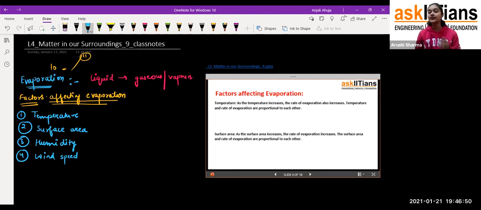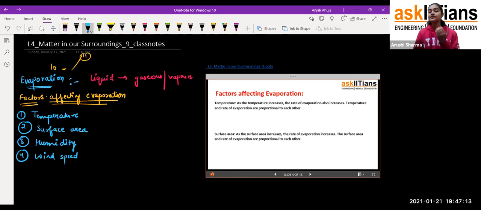So if I increase the temperature, we can see that evaporation is going to increase. For example, students, take two pans and put an equal amount of water in both of them, and heat them. Heat the first pan for 5 minutes and the second pan for 10 minutes.